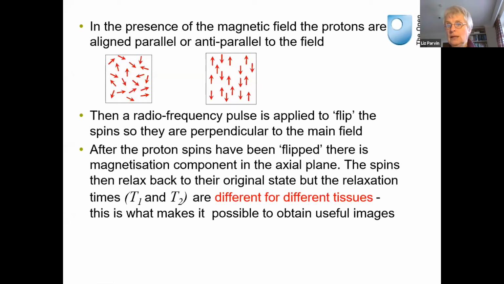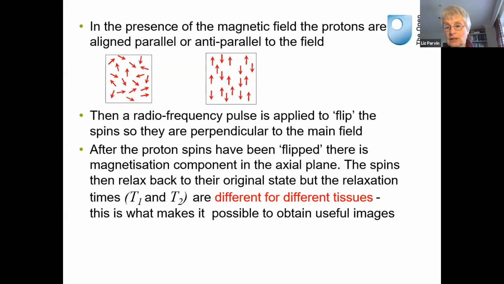Now, the interesting thing is that once that's happened, this is done best with a pen actually, the spin is flipped, but it gradually goes back up to where it was. Now, the key thing is that the relaxation time for this to happen is different for different tissues.